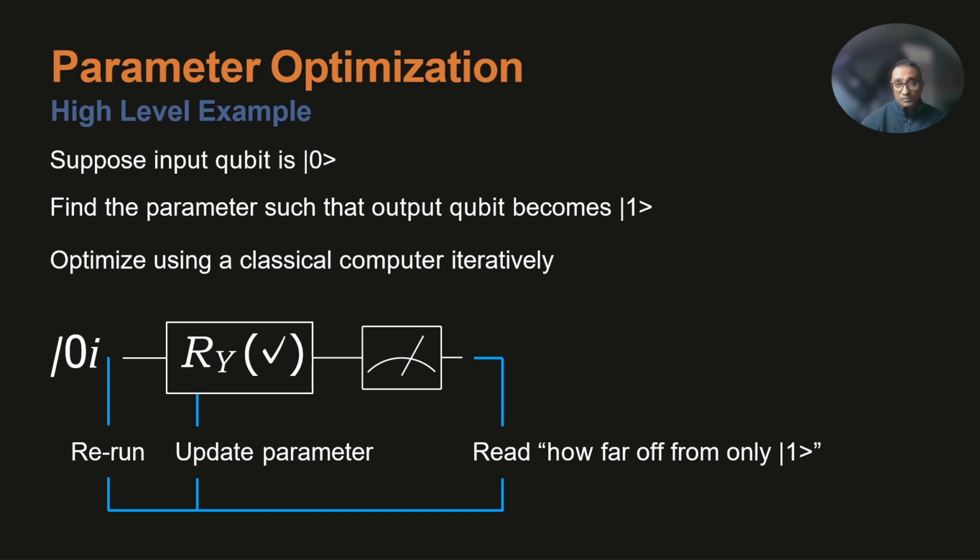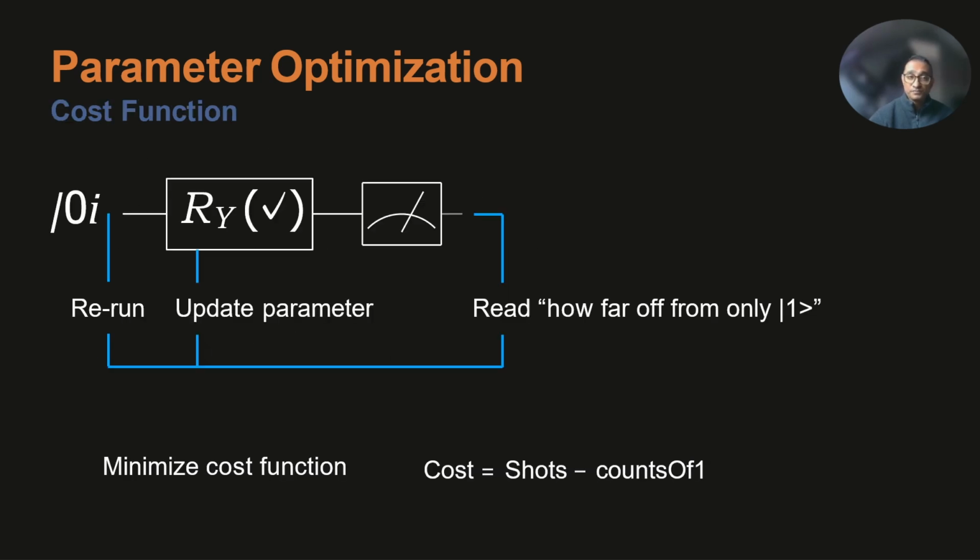The optimization problem could be how far we are from the expected value compared to the actual value that we received out of the circuit.